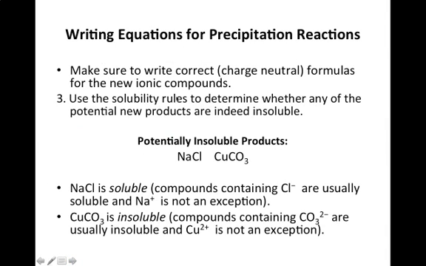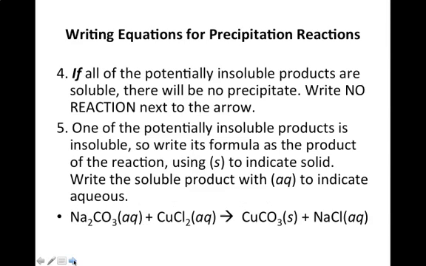Make sure to write correct charge formulas for the new ionic compounds. Use the solubility rules to determine whether any of the potential new products are indeed insoluble. Sodium chloride is soluble. Copper carbonate is insoluble. So since carbonate is insoluble, the reaction goes.